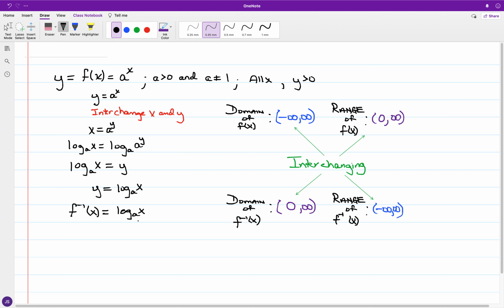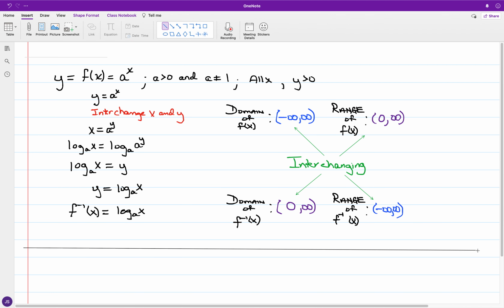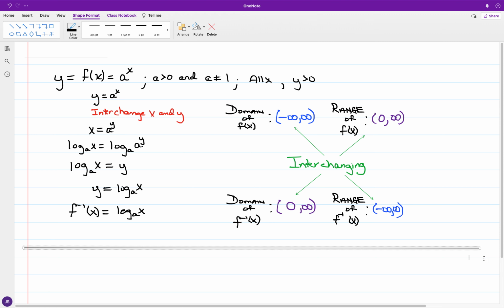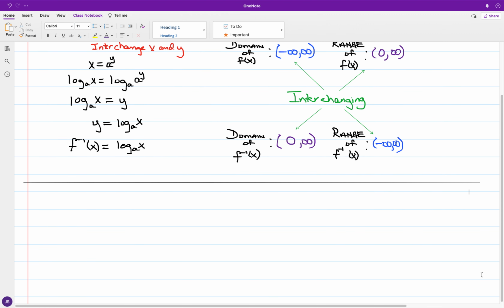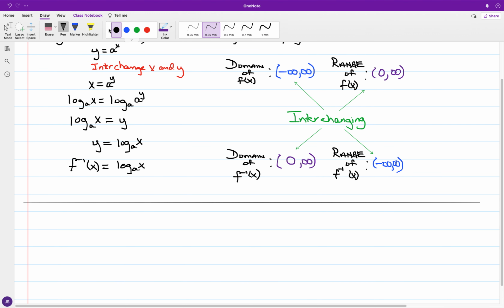Just to give you an example of what we have with exponential functions, we can start out determining the inverses, the domains, and the ranges throughout.